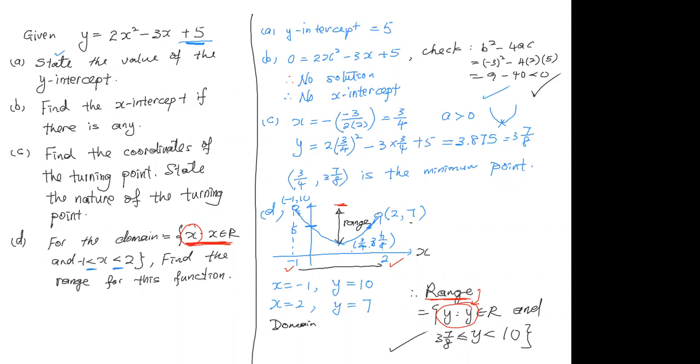So here I will always put the lowest possible value, and here the highest possible, which is 10. When you talk about interval, always the left-hand side is the lowest possible, the right-hand side is the highest possible. Got it.